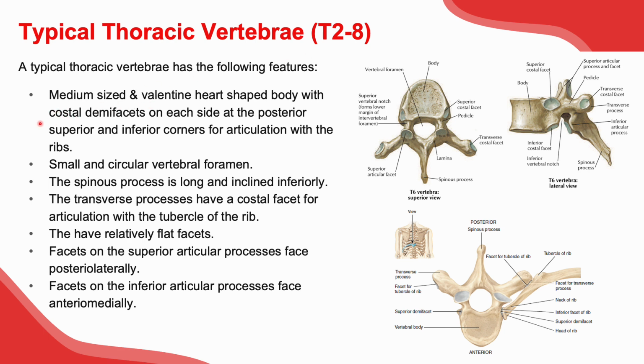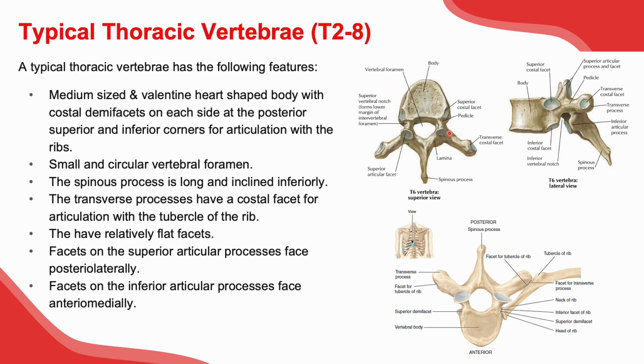So this is the indentation that the ribs make on the posterior, so right here, superior and inferior corners of the body. So the ribs make indentations on the thoracic vertebrae superiorly and inferiorly right here. And they are not full facets, they are demifacets, so they are half facets.